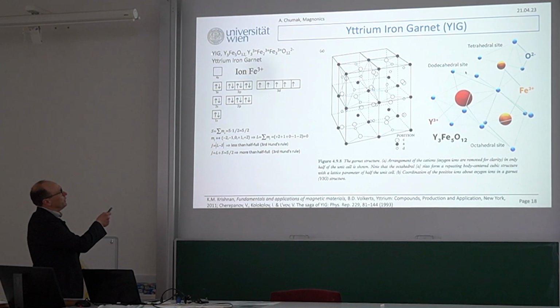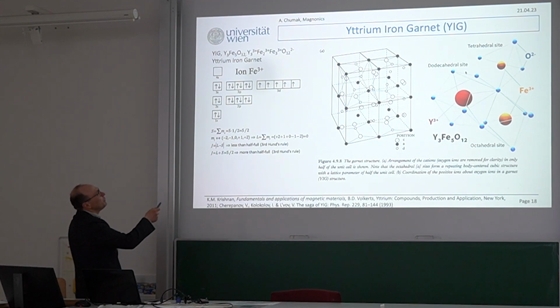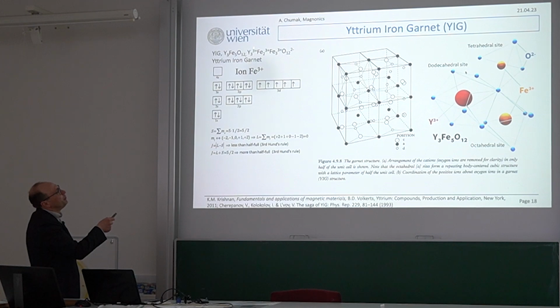So, what is YIG? It's yttrium iron garnet. Chemical formula Y3Fe5O12. Or sometimes people rewrite it in terms of ions: Y3 3+, Fe2 3+, Fe3 3+, O12 2-.